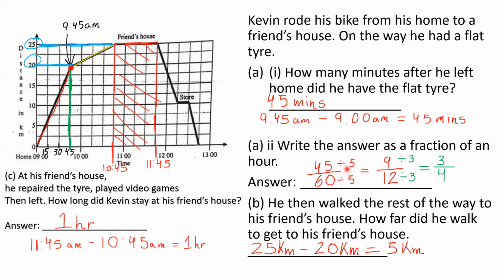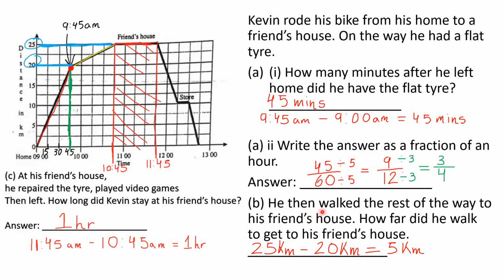So 45 divided by 5 gives us 9, and 60 divided by 5 gives us 12. They can be simplified more, so we divide them by 3. 9 divided by 3 is 3, and 12 divided by 3 is 4. Very good.